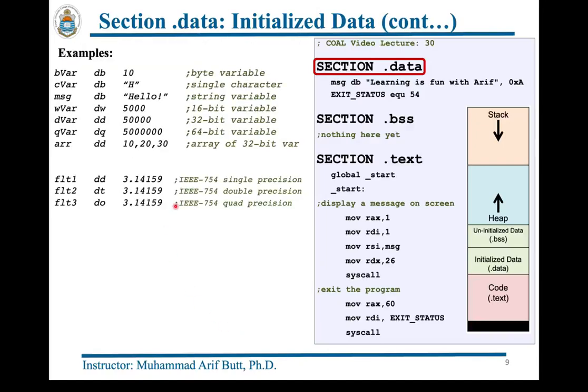Well, this slide shows you some example variable declarations with different define directives. You can define a byte, a string, a 16-bit, 32-bit, or 64-bit integer variable, an array of bytes, and floating point values as well.